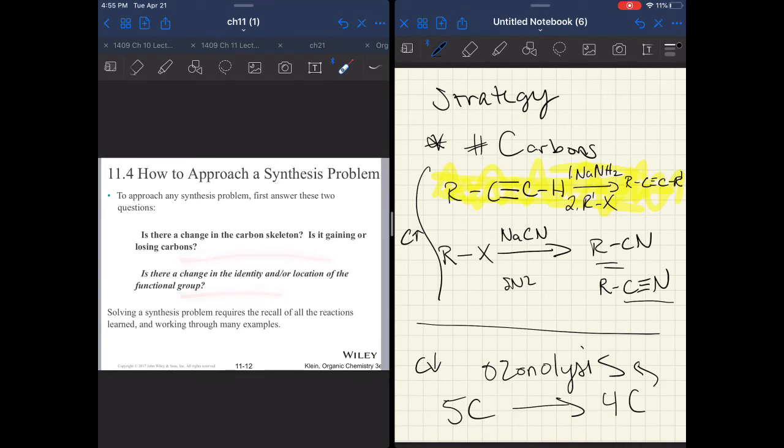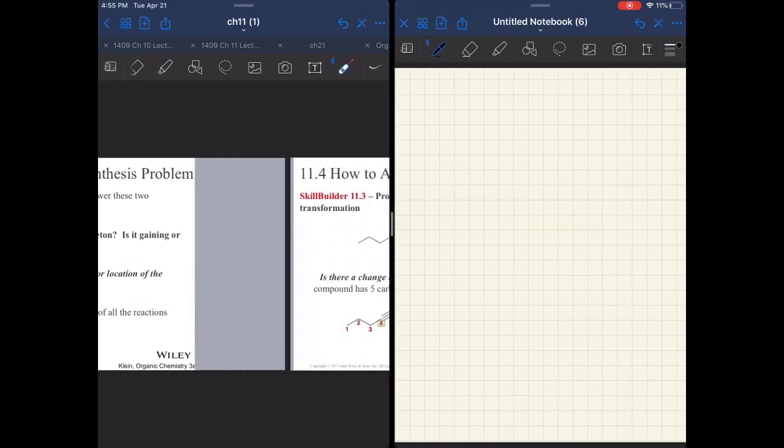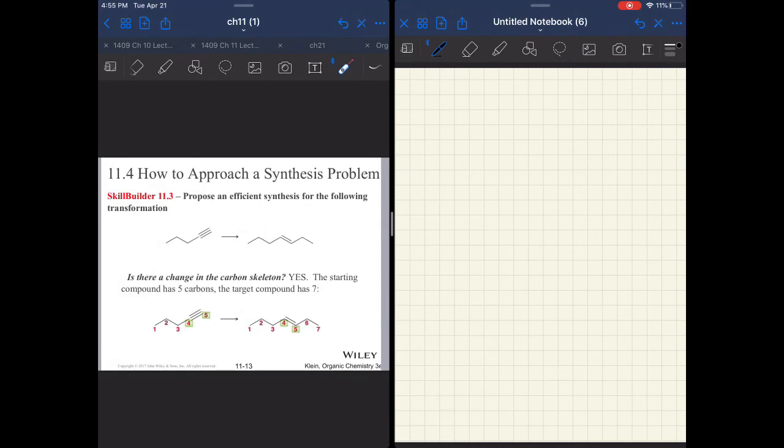Is there a change in the number of carbons? So, how to approach a synthesis problem here? Is there a change in the carbon skeleton? Yes. Right, we are going from, thank you. We all know my battery is low now. We are going from 1, 2, 3, 4, 5 carbons to 1, 2, 3, 4, 5, 6, 7 carbons.